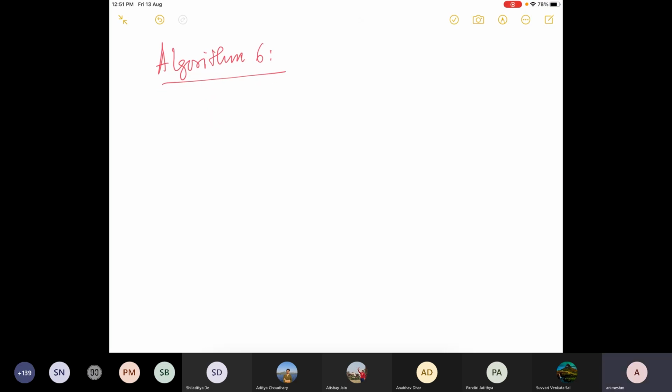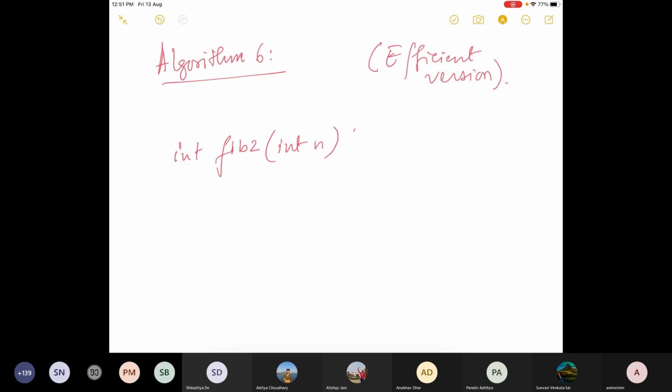So the same thing. Now the efficient version, I guess all of you know this. I am not writing problem input etc. This you can fill it up. I simply take an array.